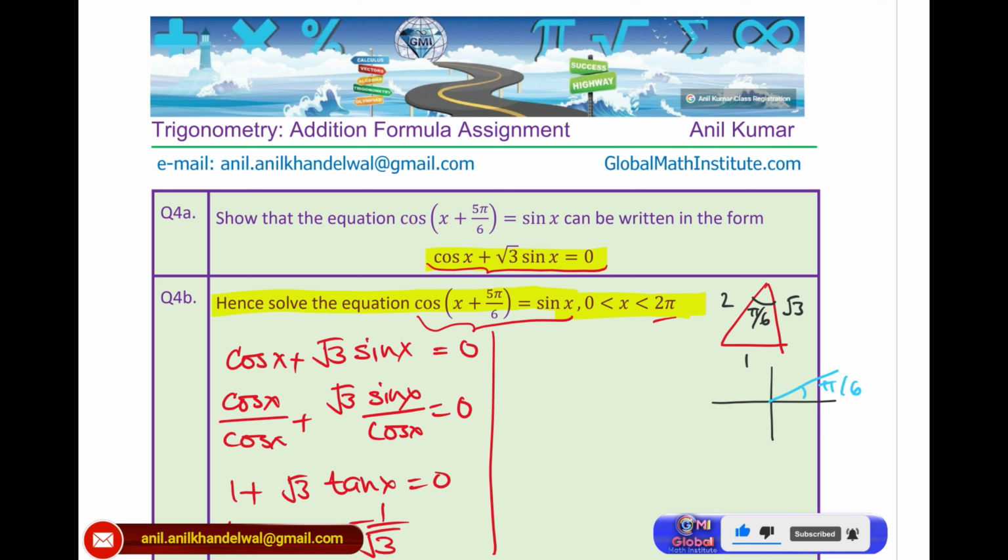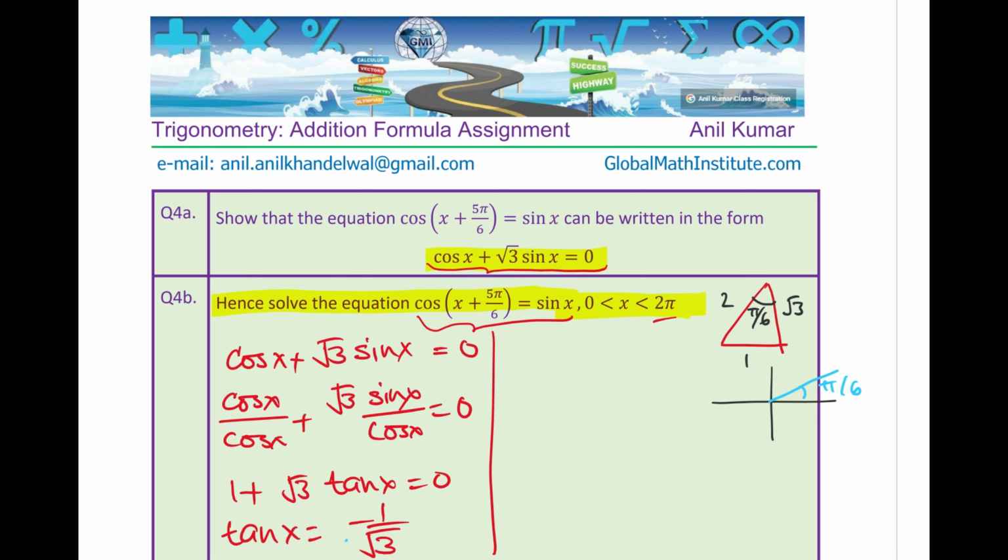Since we need a negative answer, our solution lies in quadrant 2 and in quadrant 4, where the principal angle in quadrant 2 will be 5 pi by 6, and in quadrant 4 will be 11 pi by 6, correct?